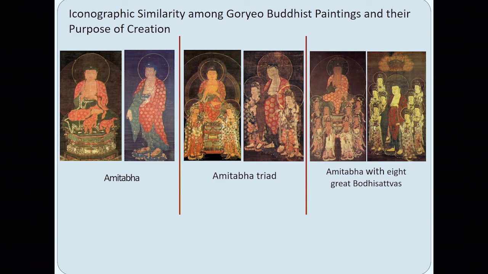Let's turn to iconography and the iconographic similarity among these works. This, of course, relates to their intended function. As you've already learned, there are only 165 Goryeo Buddhist paintings that we're talking about worldwide. If not thoroughly scrutinized, some of them may nearly be indistinguishable from one another. The compositions are so similar.